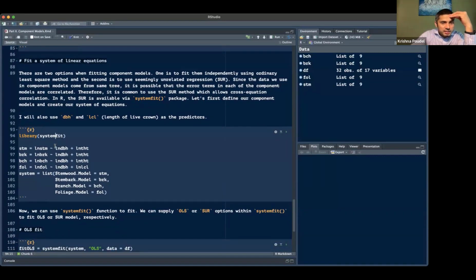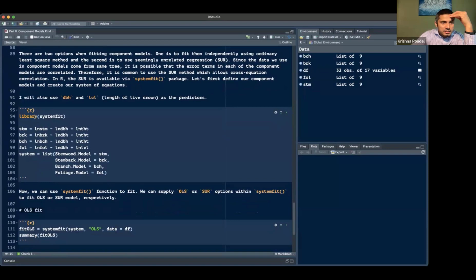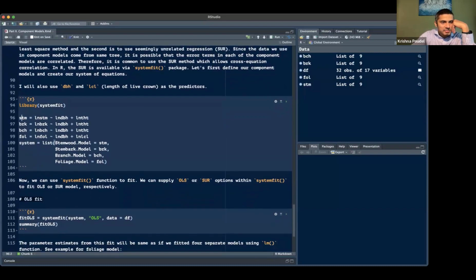So here, what we need to do first is that SUR is available under the systemfit library or package. So we load that library, and then I create my system, which will be a list of all these component models.